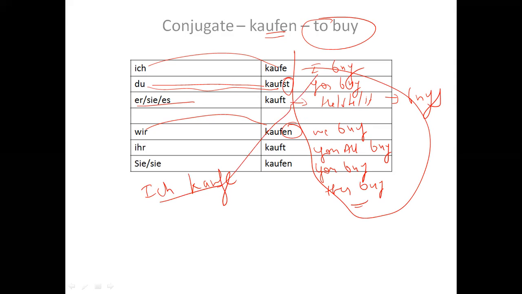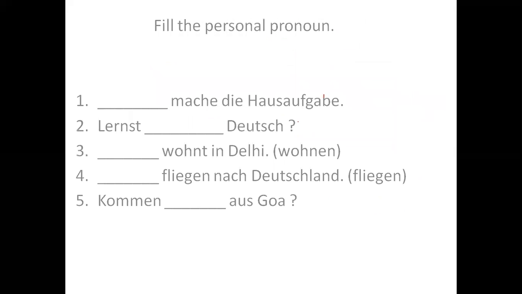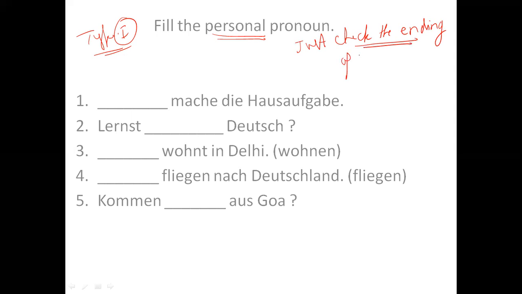So let's proceed further. This was just a revision before we proceed to the exercise. Now see, this is type 1 exercise, where you just need to fill in personal pronouns. So what do I need to do? I just need to check the ending of the verb and then answer.